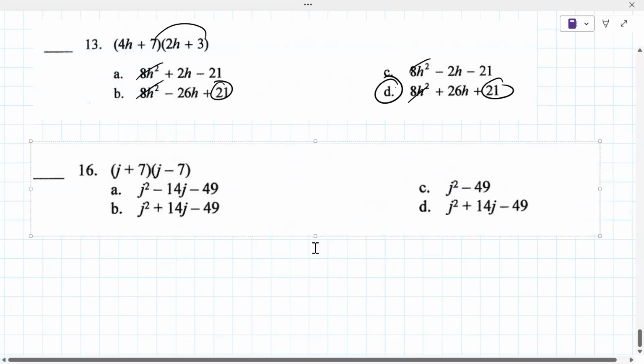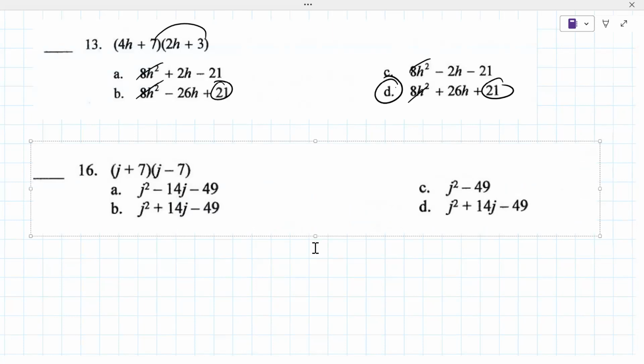All right, one more of these before we move to something else. Is the answer C?